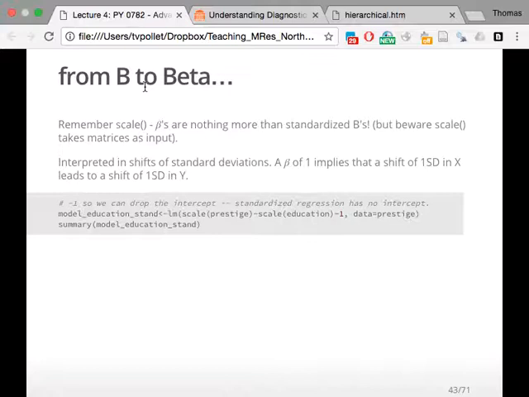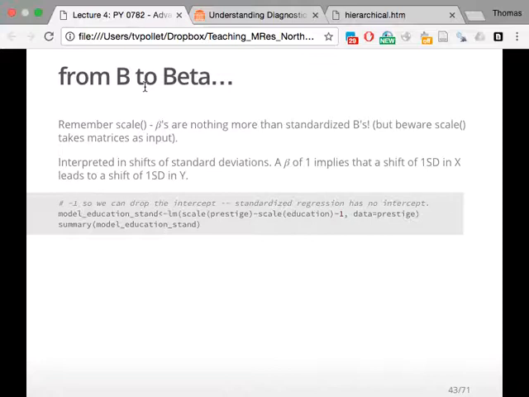We use -1 because we have to drop the intercept from the model. You might remember that standardized regression goes through the origin, it goes through the 0. We no longer have an intercept, and also when you print the SPSS tables, there is no value for intercept. So we have to tell R to lose the intercept. We first do model education stand, and we can actually scale within the model.